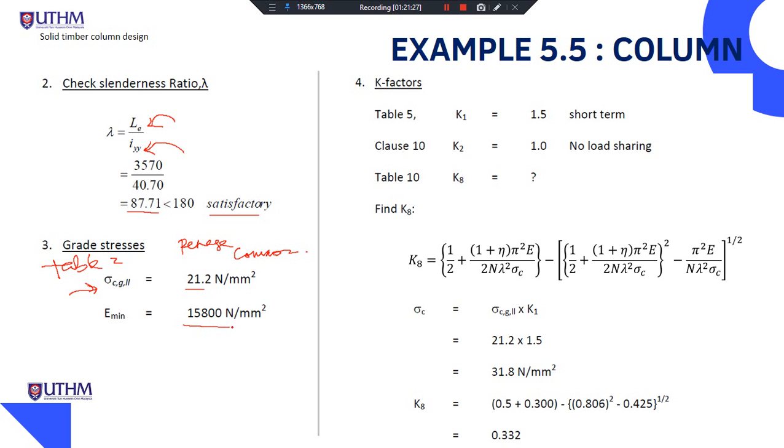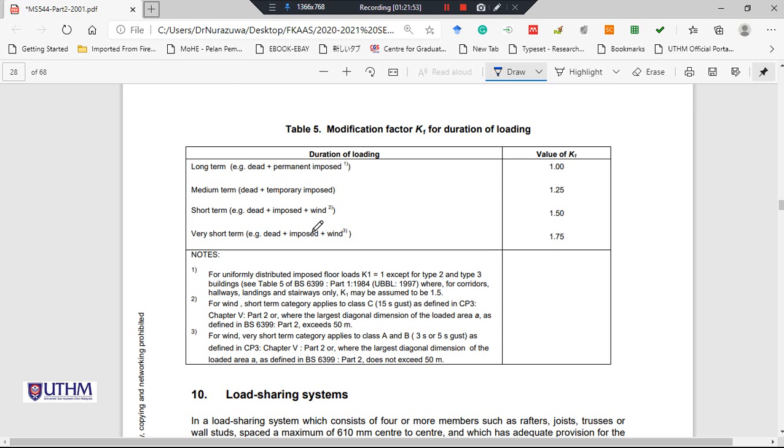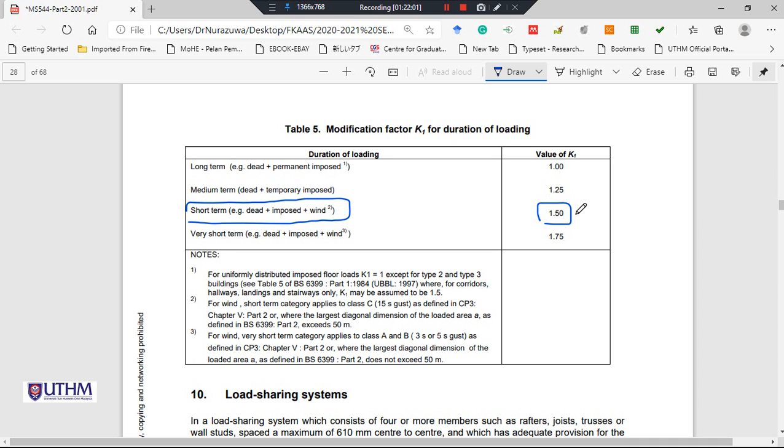Our E minimum is 15,800 Newton per millimeter square. And our K1 factor is equal to 1.5 because in this example the loading is short-term loading. As mentioned in example 5.5, the loading is a combination of dead, imposed, and also wind. Based on table 5, dead, imposed, and wind is short-term loading, and our K value is 1.5.